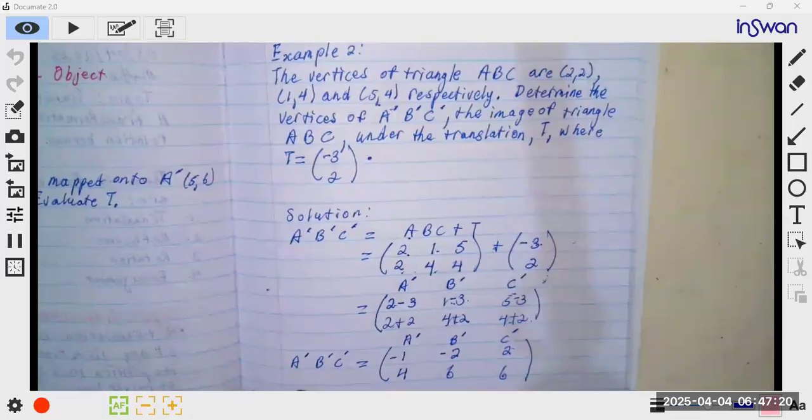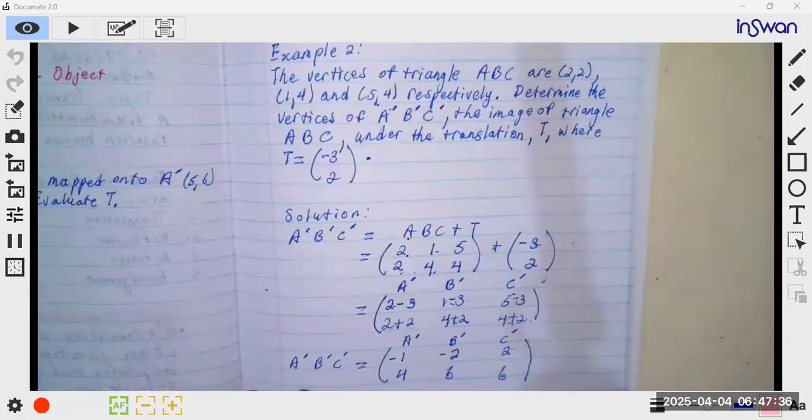So this is how you find the image given the translation vector, including the translation vector and the object.